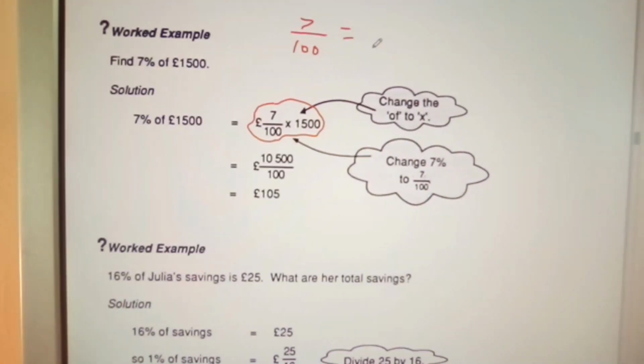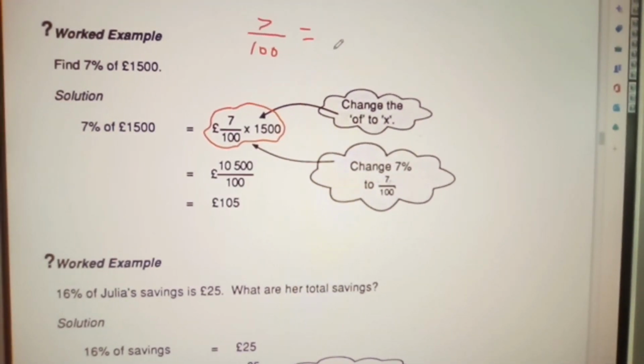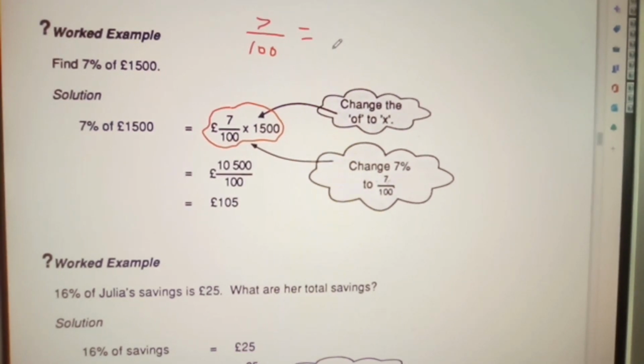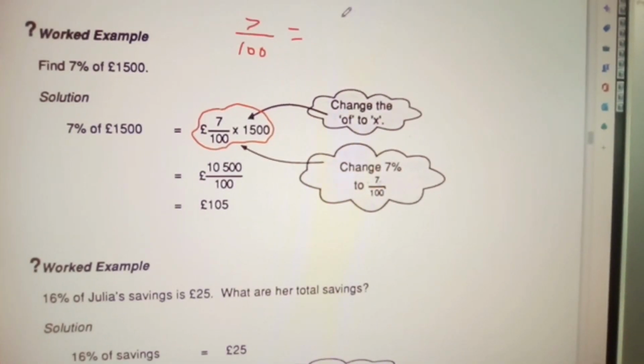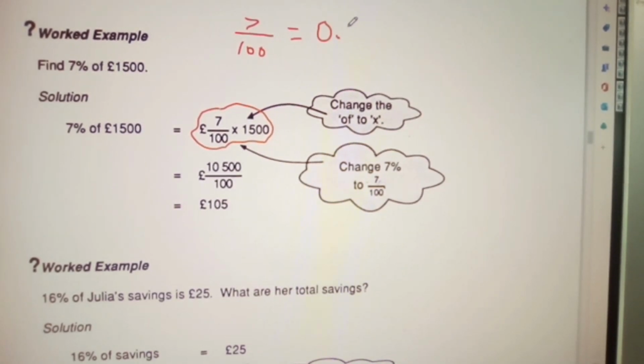Now you have done enough maths with me already to know what you need to do in this, and how you will arrive at that figure. And yes, it will be 0.07. Okay?